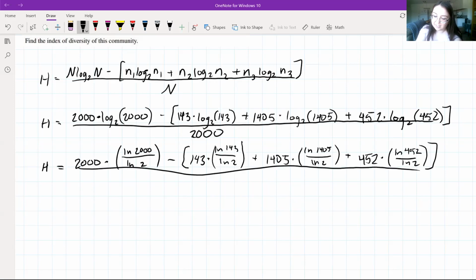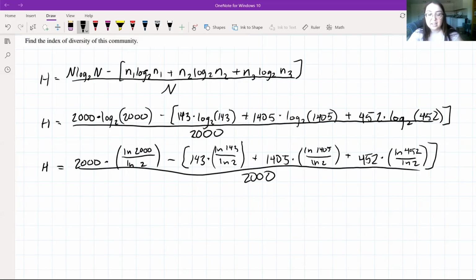And once again, this is all divided by our capital N of 2,000. All right, so we've used our change of base, we've rewritten everything, we have everything in terms of actual real numbers, so we know that we can now calculate this. So I highly suggest going through and calculating our change of bases first.